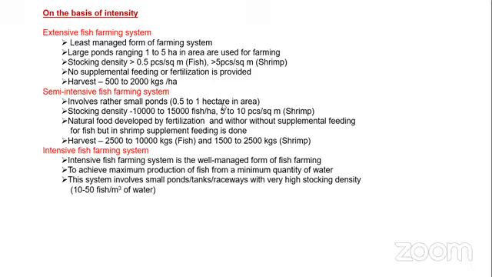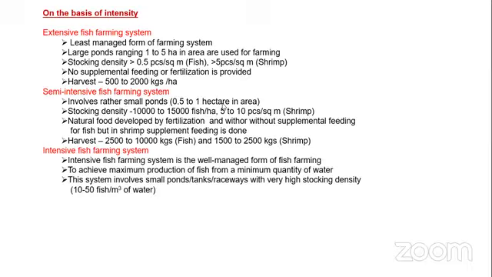So here the fish harvest is 2500 to 10 kgs, as it is more in case of shrimps. So extensive and semi-intensive differ basically in the area, fish stocking and harvesting, and the labor cost.